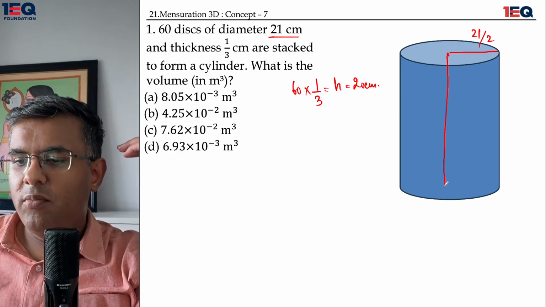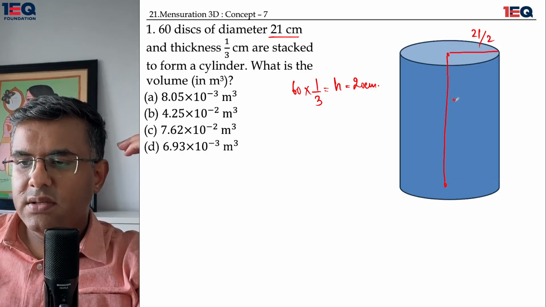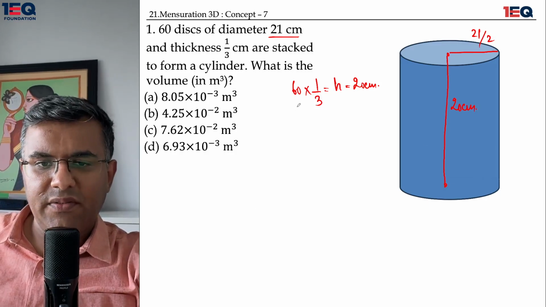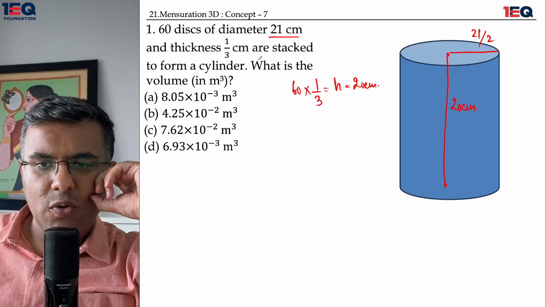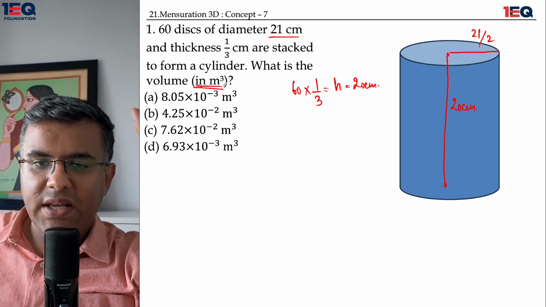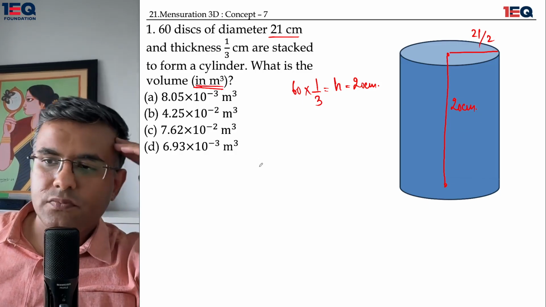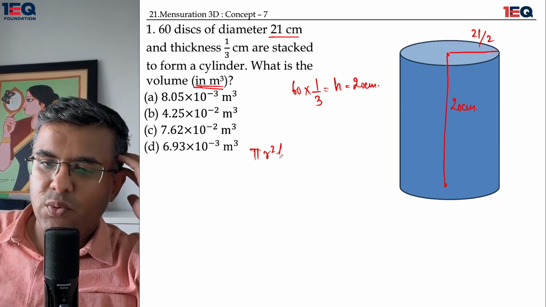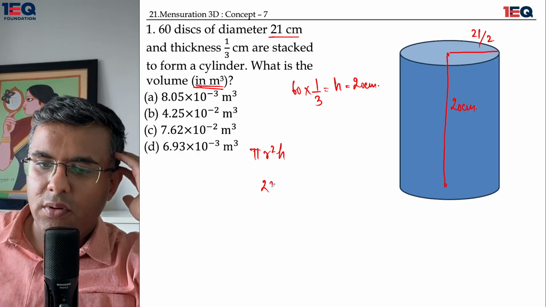Further, I'll mark the height here as 20 centimeter. Using the simple formulas about volumes and that too in meters cube, that is the catch. That is the only catch here. So I will use the formula now. So pi r square h is the formula for volume.